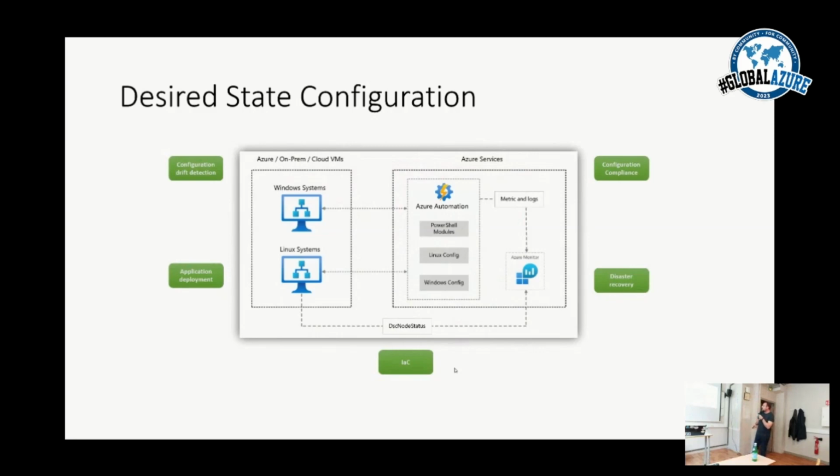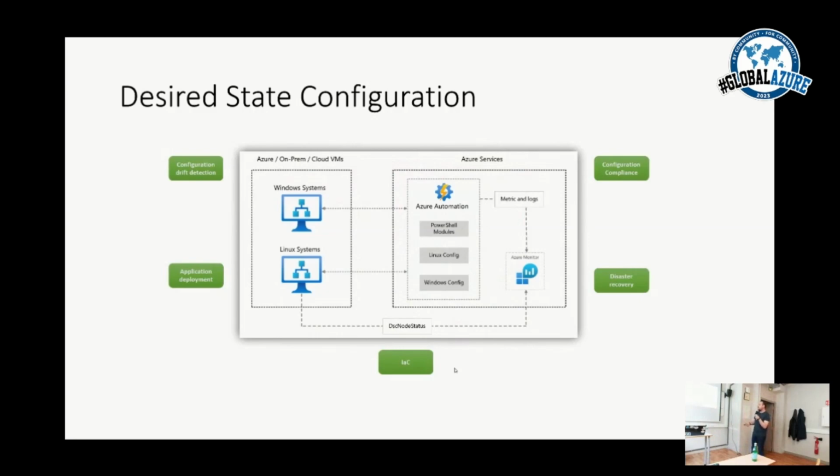In desired state configuration, you have five items that you can use. For example, you can use it for infrastructure as code. Imagine that you want to have infrastructure as code for the implementation of AVD. With this item you can make sure the AVD, after creation, will be joined to your domain and meets all of the compliance that you need.